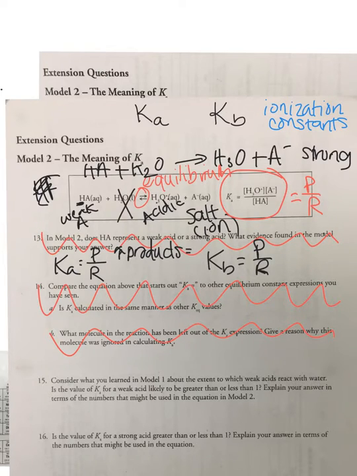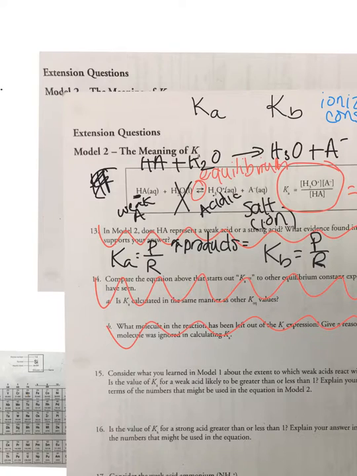Okay, so we're struggling with that one. All right, so take a look at this. If you need to write it to help you out, you can. If I start off with 1 over 1, and all of a sudden I now have 2 over 1, did I just get bigger or smaller? Bigger, all right. So if I have more products, I have a big K. You all good with that?